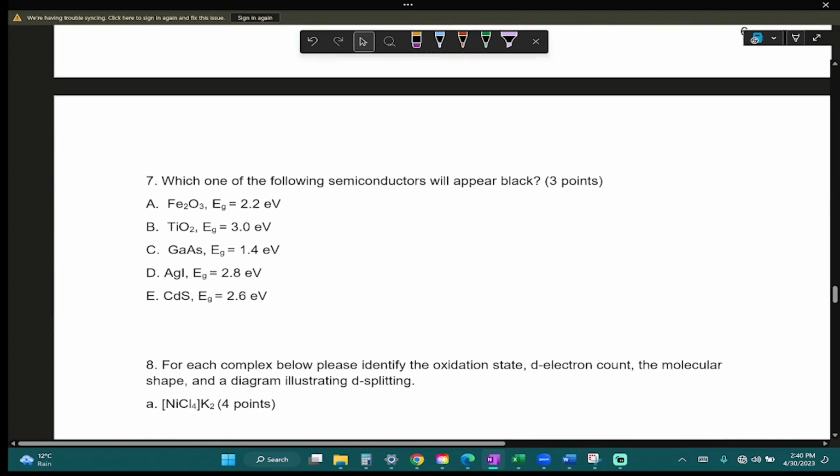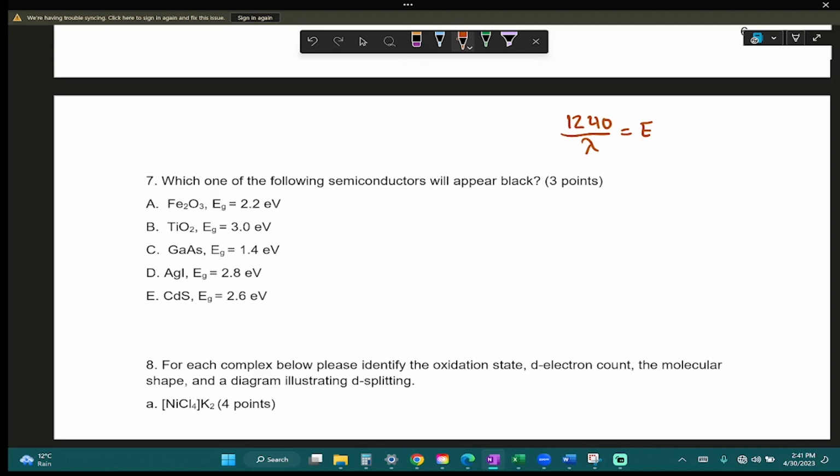All right. So now we're going to talk a little bit about colors and some more semiconductors. This is really just a math problem. So on your data sheet, you should have this formula. It is 1240 divided by lambda equals energy, and this is lambda in nanometers. You don't need to do any converting. And this is energy in electron volts. You don't need to do any converting.